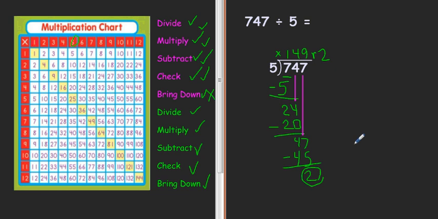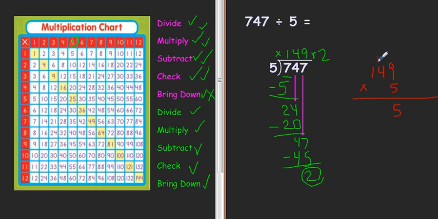We're going to multiply our quotient by our divisor. So we have 149 times 5. So let's go ahead and multiply this. 5 times 9 is 45.